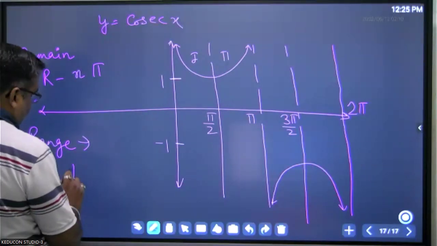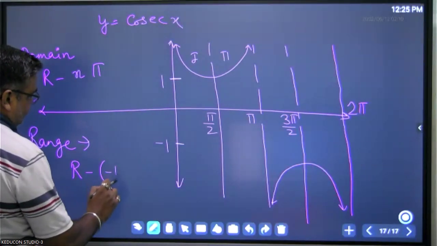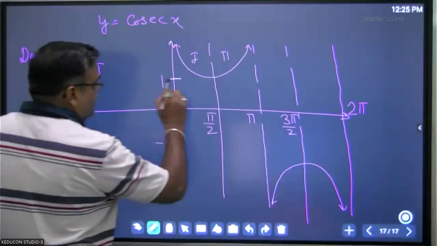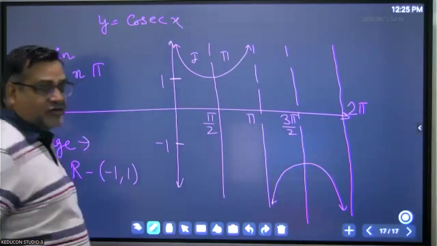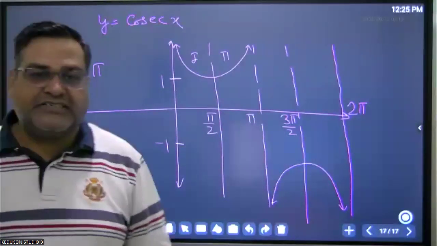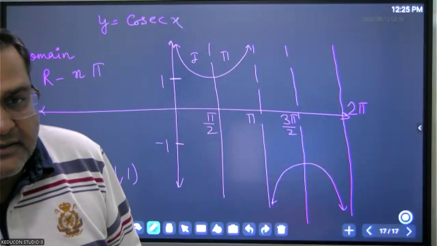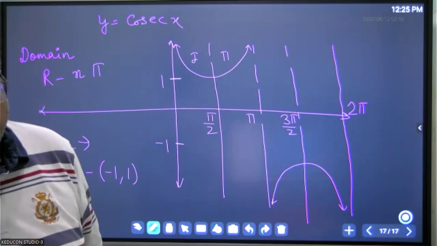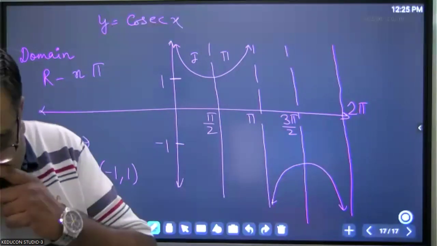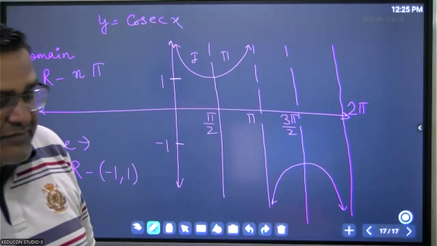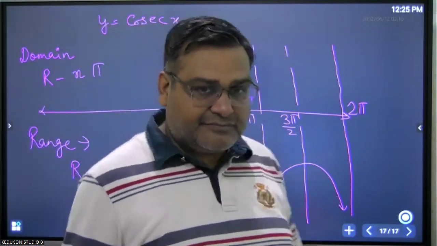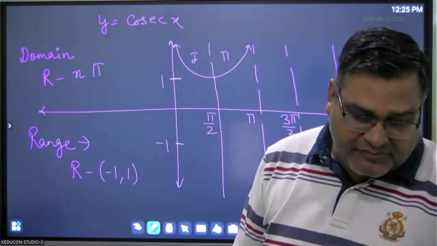What was the range? R minus (-1 to 1), because this region is not covered. Is this clear, students? Any doubt in the graphs?